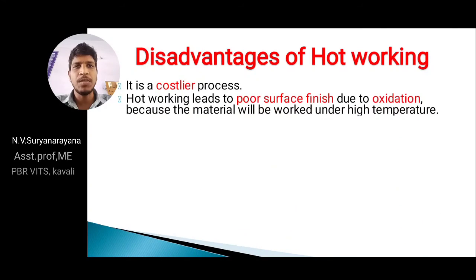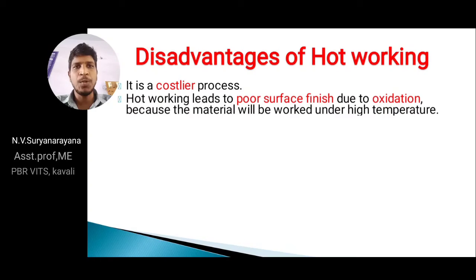Disadvantages. Up to now we discussed only the advantages of hot working. Next, coming to the disadvantages of hot working, it is a costlier process. Why? Because in order to heat or preheat any material, we require pits, furnaces and other equipment, and maintenance is also very high.